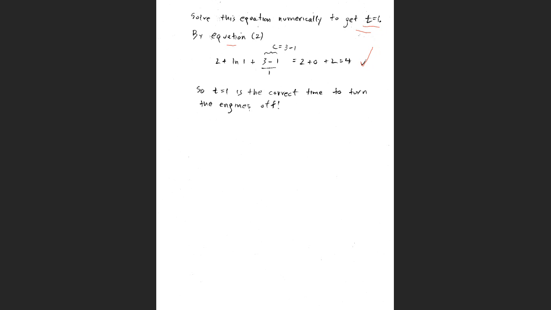Well, we just substitute those in the second equation, and hey, the second equation is satisfied. So indeed, t equals 1, whether it's 1 minute, 1 hour, or whatever. It's the correct time to turn those engines off.